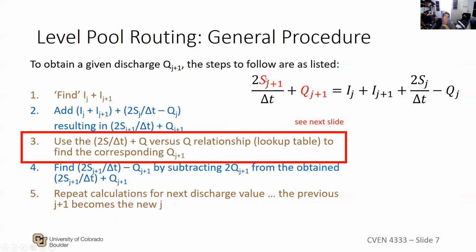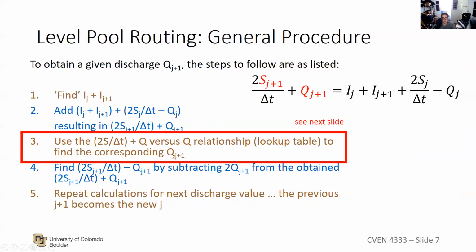And so what you can do is use that storage outflow relationship that you have for your reservoir, for your river, to create this lookup table where you can interpolate for the value of Q_j+1.